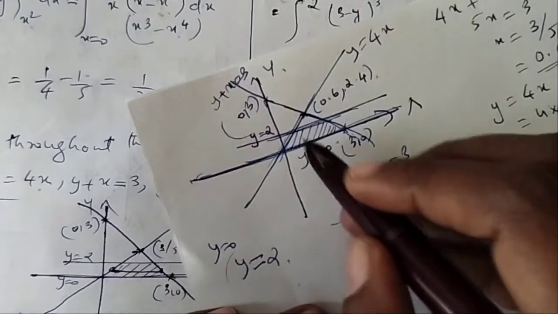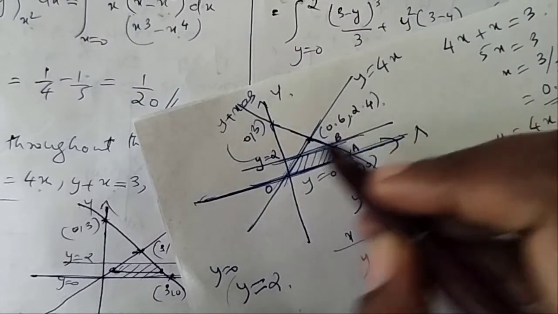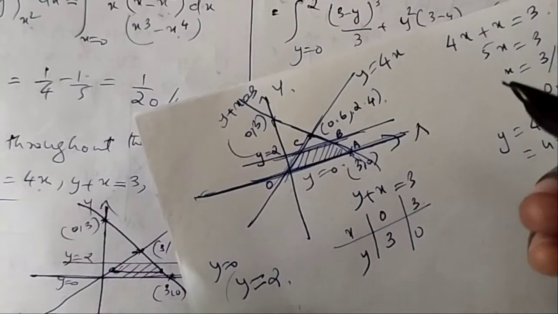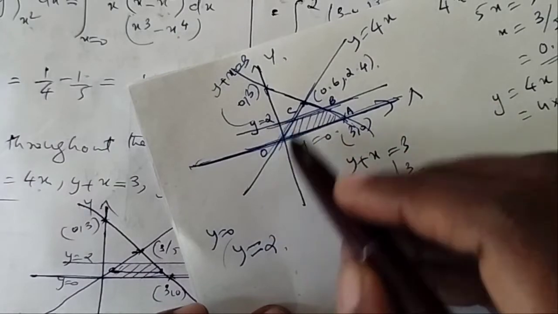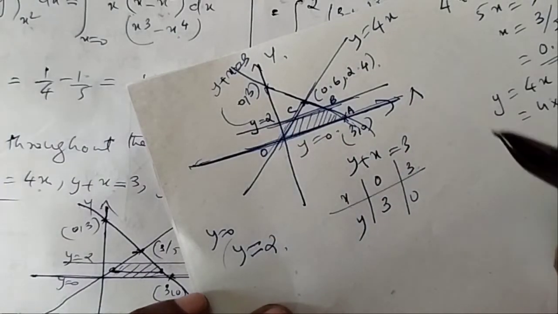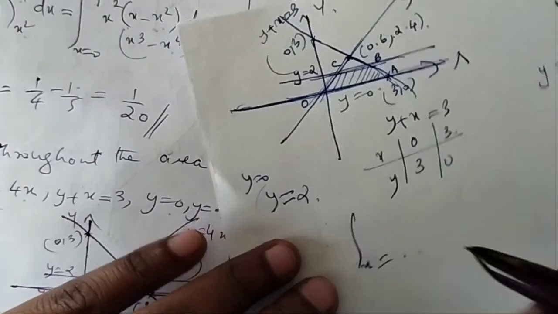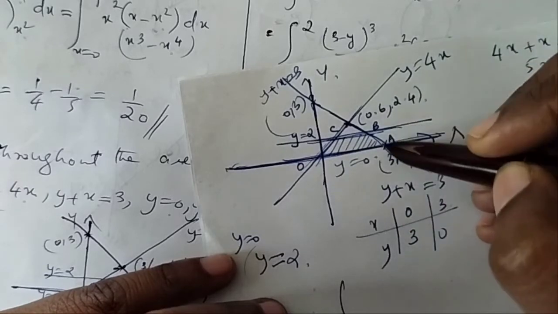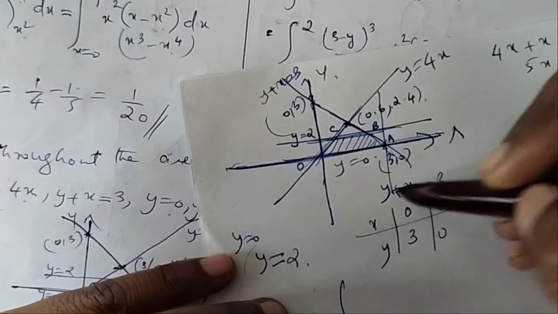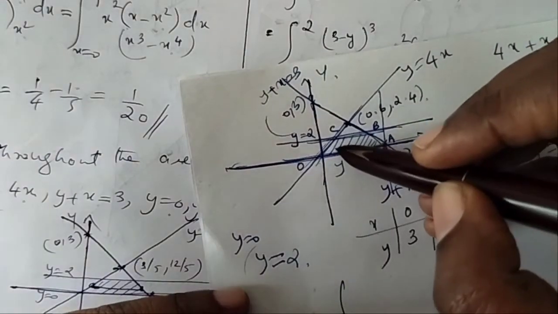So this is the region O, A, B, C. In this region we have to consider vertical strips or horizontal strips. If you are considering the outermost integral along the x direction, you have to consider vertical lines at the extremes. So first one through this, second one through this. Next we have to draw any vertical strip.